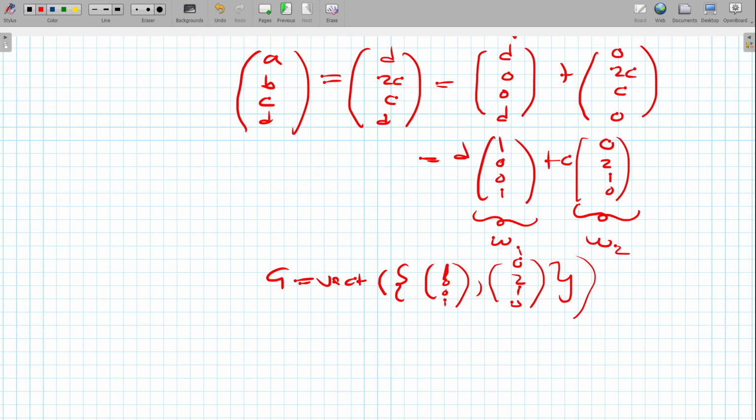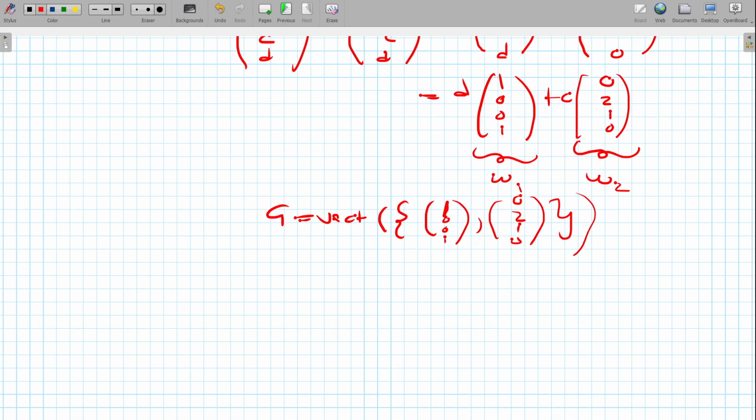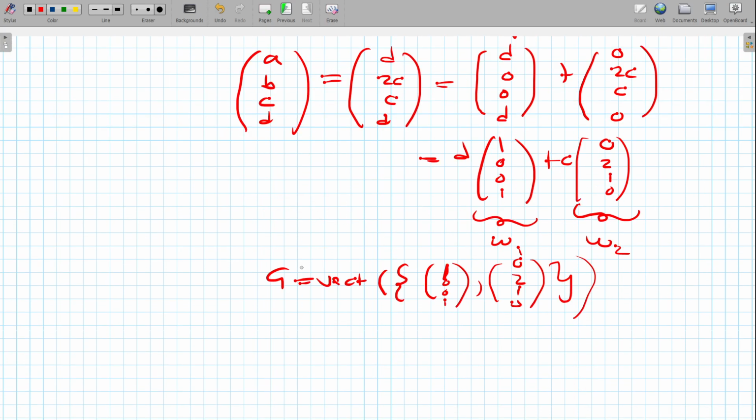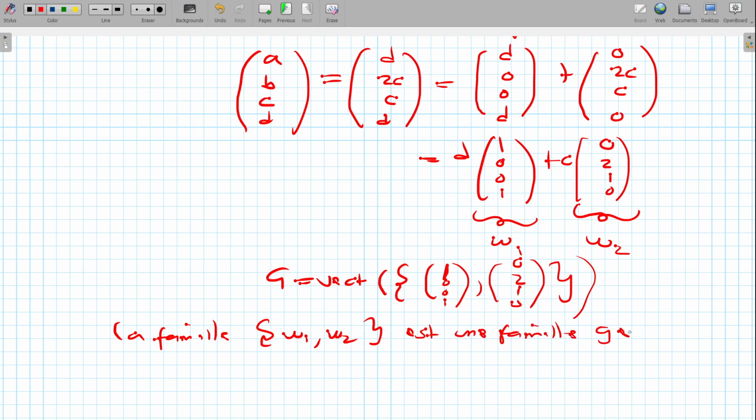So, in other words, we can say that this family of vectors W1, W2 est une famille génératrice de G. So we can say la famille W1, W2 est une famille génératrice de G. But is it libre?